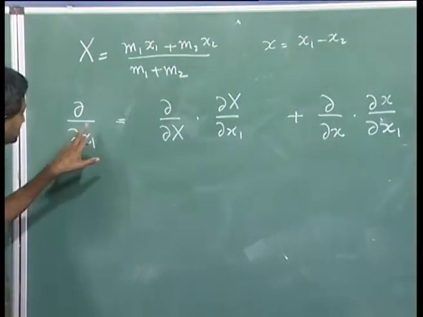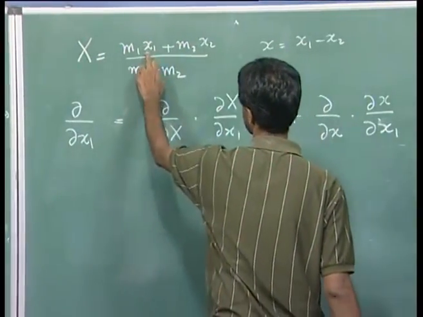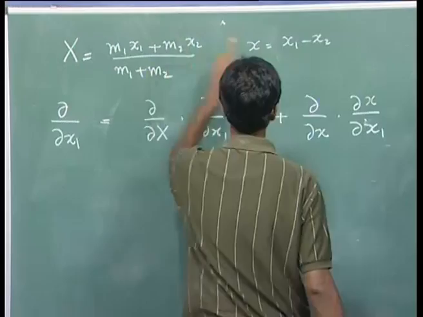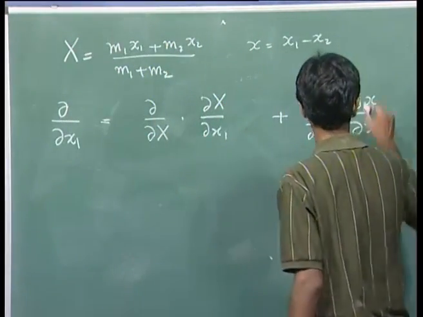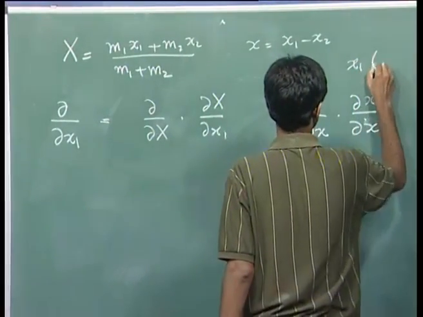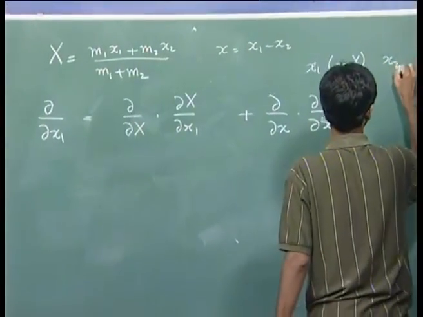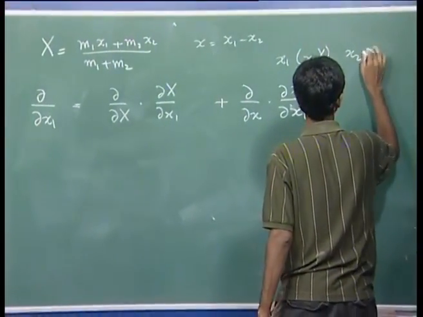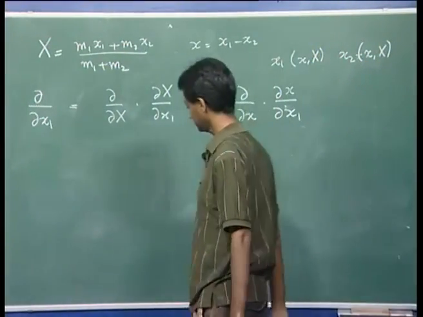Okay. So here whatever function I had, I can express using these two equations. I can express x1 in terms of capital X and little x, and x2 in terms of capital X and little x. So, I can write x1 as a function of little x and capital X, and x2 as a function of little x and capital X. Okay.